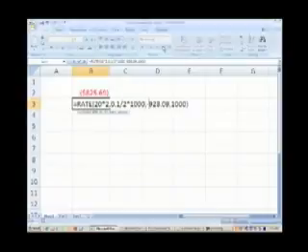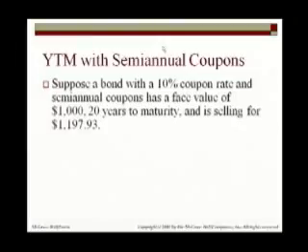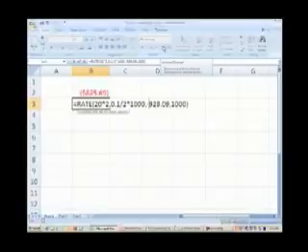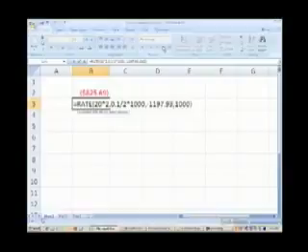The price is $1197.93, so let's just put that in, and the future value is 1,000. And then the other thing I'm going to have to do here, this is going to give me a 6-month rate, so I need to multiply by 2. And the answer is 8%.